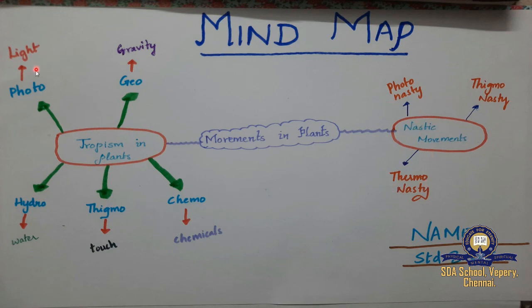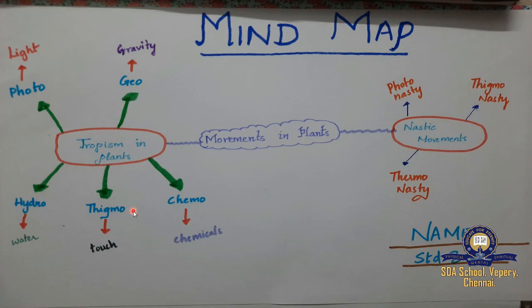You can also draw, for example, for phototropism, it is due to the sun, so you can draw a sun here. For geotropism, it is the roots, which tend toward gravity pull, so you can draw the roots here, and for hydrotropism, you can draw water.